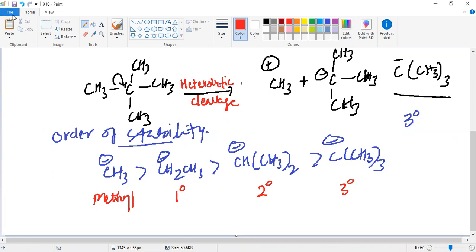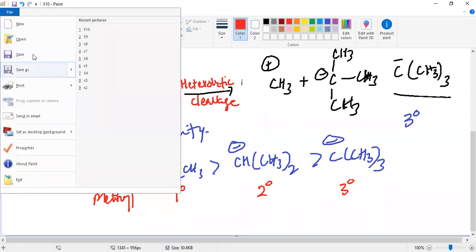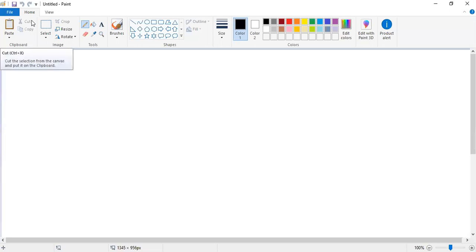Okay, when both the atoms present around the bond have similar electronegativity. Suppose you have two atoms A and B, and if they have similar electronegativity, or let us say it's not A and B, but it's A and A. So both have similar electronegativity. So what happens?